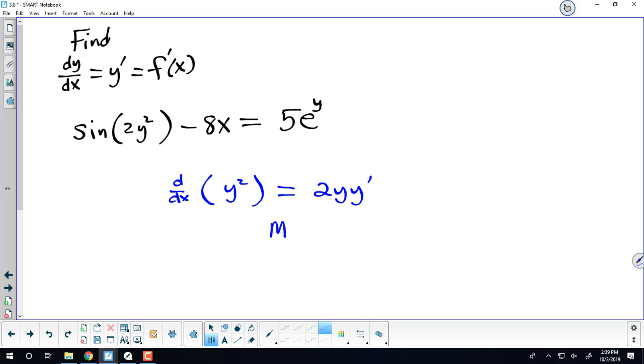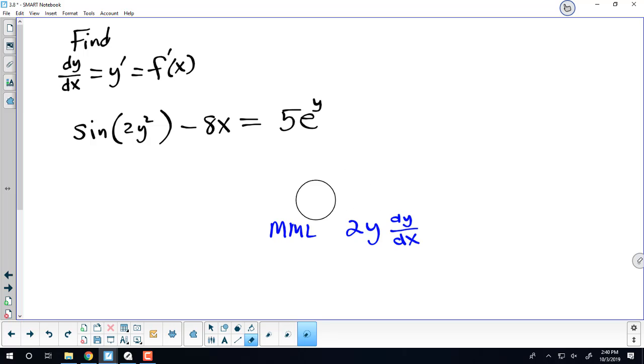MML is going to call y prime dy over dx. So that's just our alternative notation for derivative: dy dx, y prime, f prime, it's all the same thing. So just a word of caution.